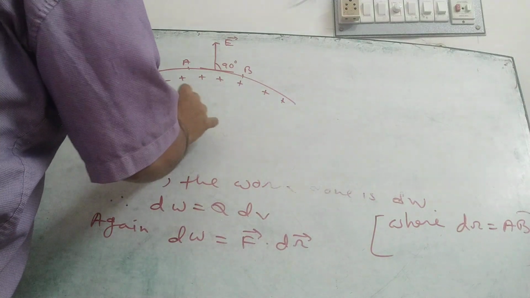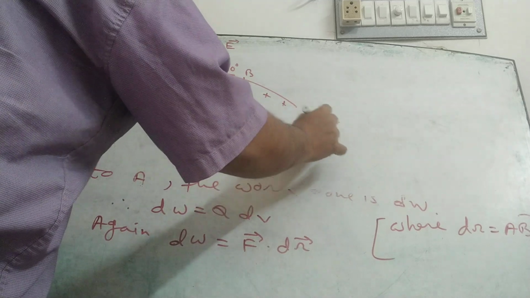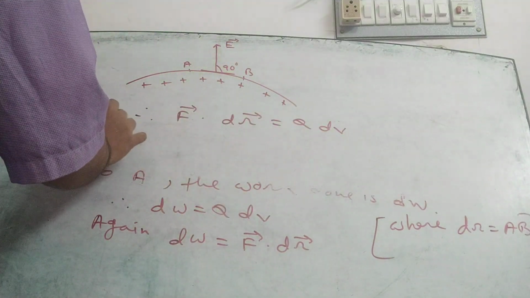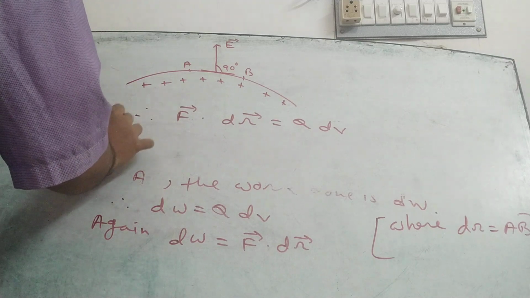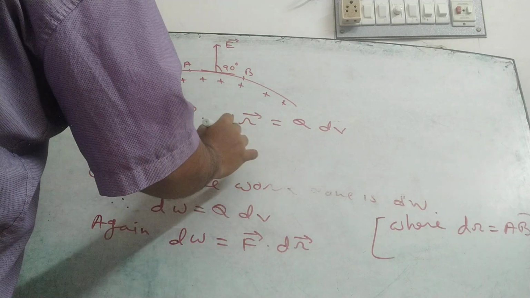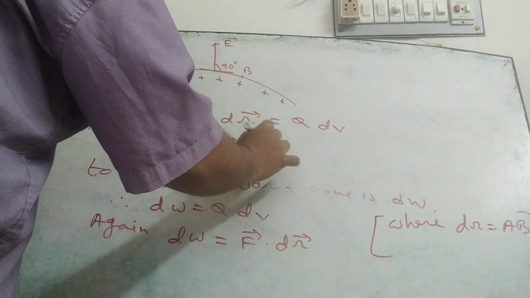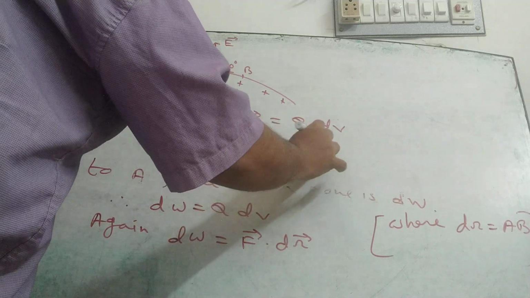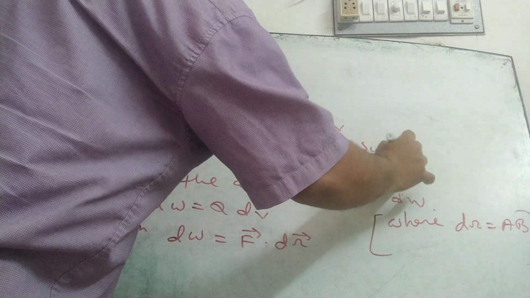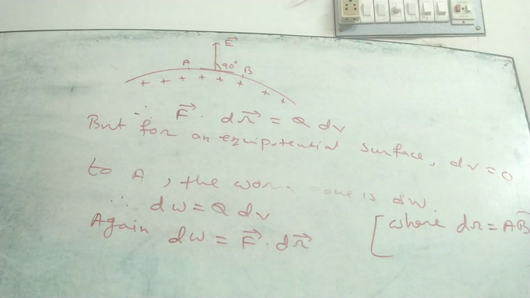Therefore, F dot dr is equal to Q into dV. But for an equipotential surface, dV is equal to 0.